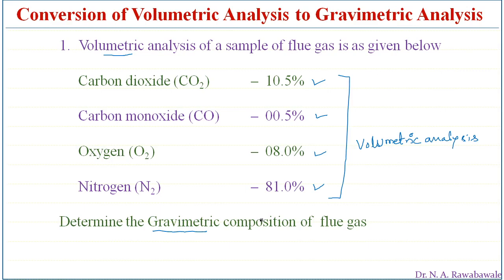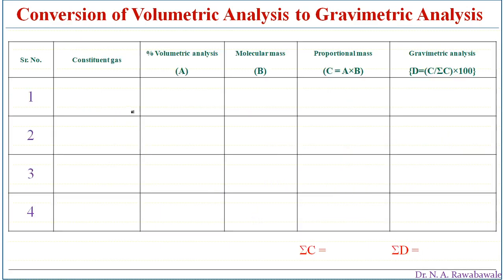So let us see how to convert it. Here we have to form a table in which we write constituent gas, volumetric analysis, molecular mass, proportional mass, and gravimetric analysis. In the last column we get the gravimetric analysis. We will take the given data one by one.